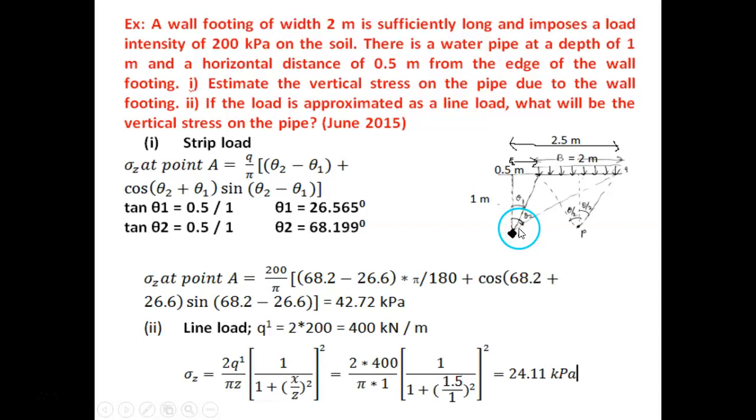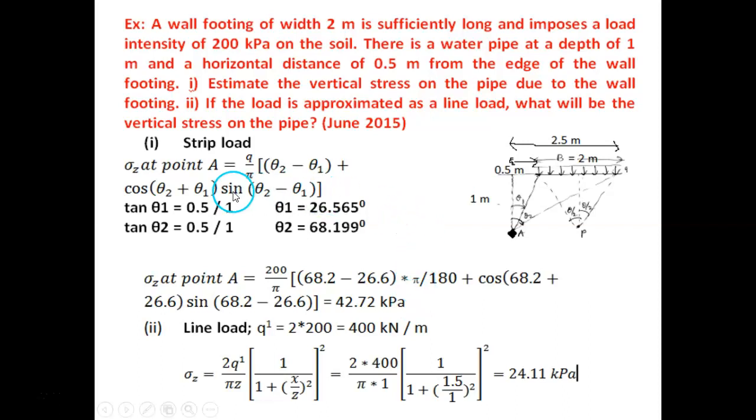And from the other triangle, we can write tan theta 2 equal to 2 plus 0.5, 2.5 divided by 1. So, we will get the values of theta 1 and theta 2 as 26.565 and 68.199 degrees. Now, we can take the equation q by pi into theta 2 minus theta 1 plus cos theta 2 plus theta 1 into sin theta 2 minus theta 1. By substituting the values in the equation, we will get the increase in stress as 42.72 kilonewton per meter square.